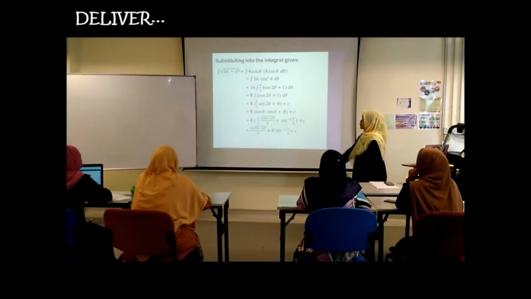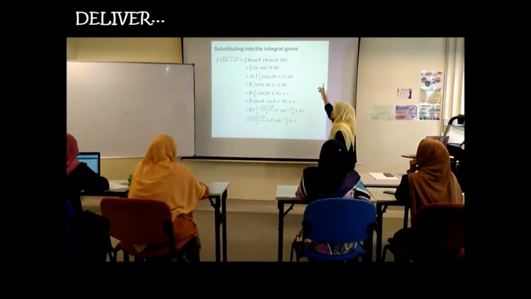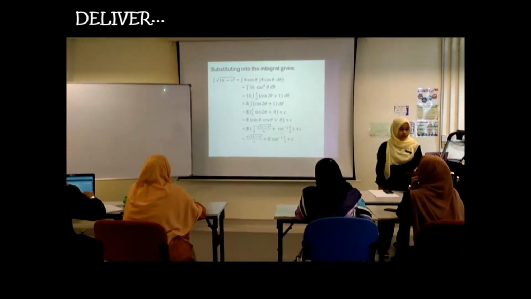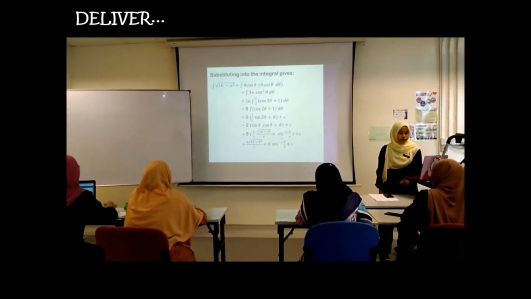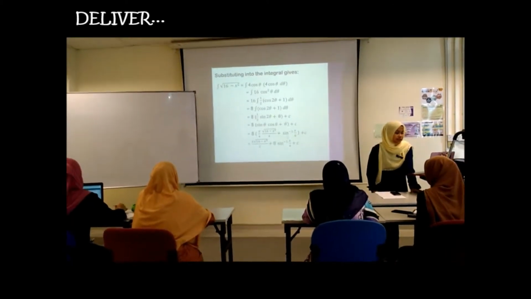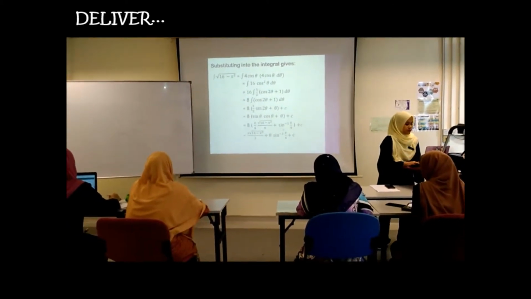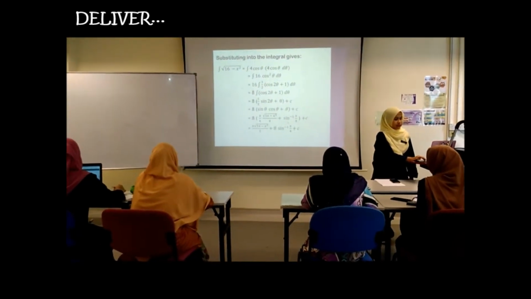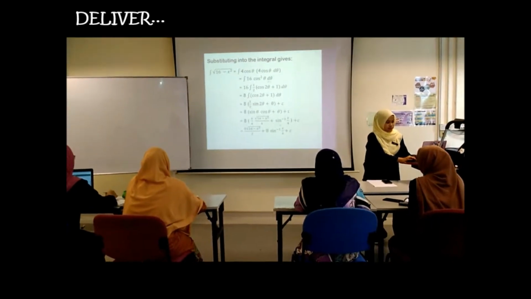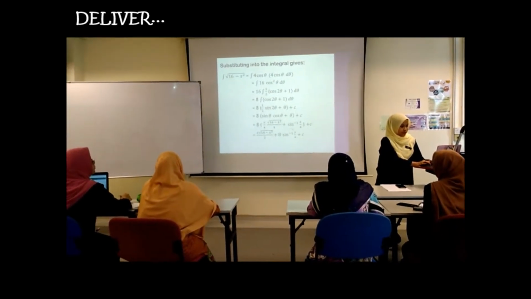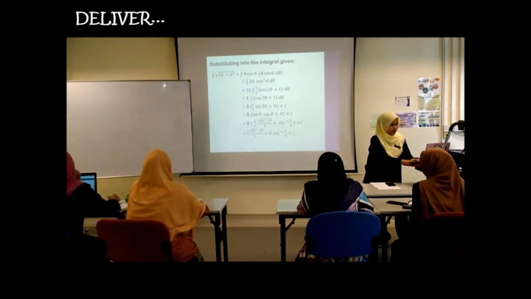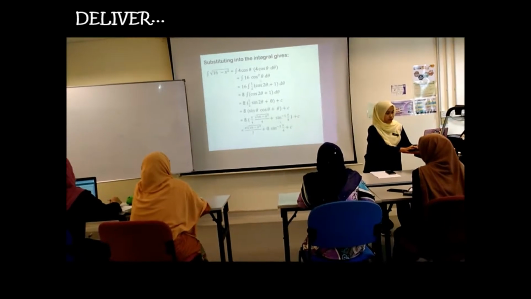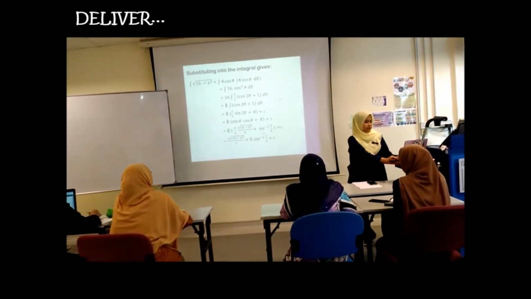For the next step, substitute into the integral given. Integrate square root of 16 minus x squared dx equal to integrate 4 cos theta times 4 cos theta d theta. So we expand the integration. So we get 16 cos squared theta d theta. After that we factorize 16, integrate half cos 2 theta plus 1 d theta.